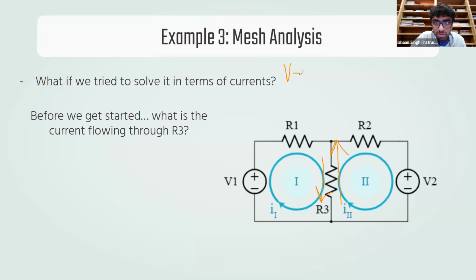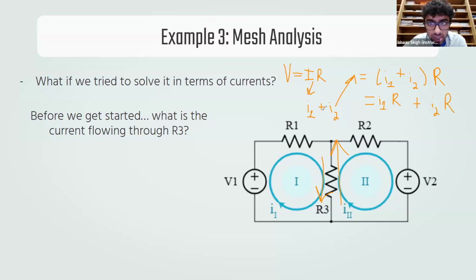For example, if I write V equals I times R, but I is equal to little I1 plus I2, then that expression looks like (I1 plus I2) times R. And that's just equal to I1 R plus I2 R. So if I have two currents that are both flowing through a resistor, the voltage drops just add up.